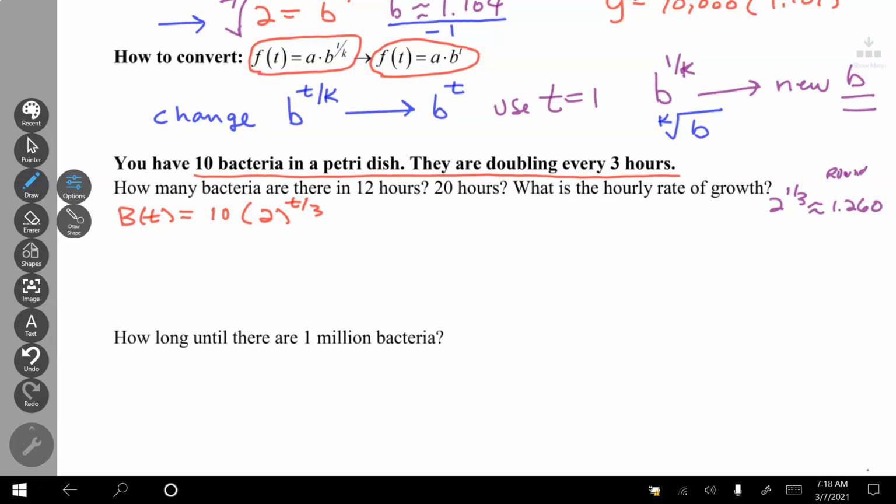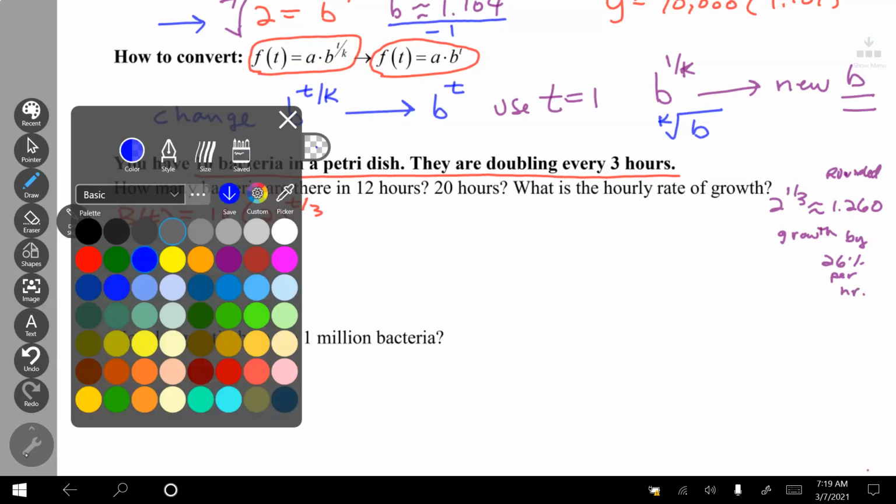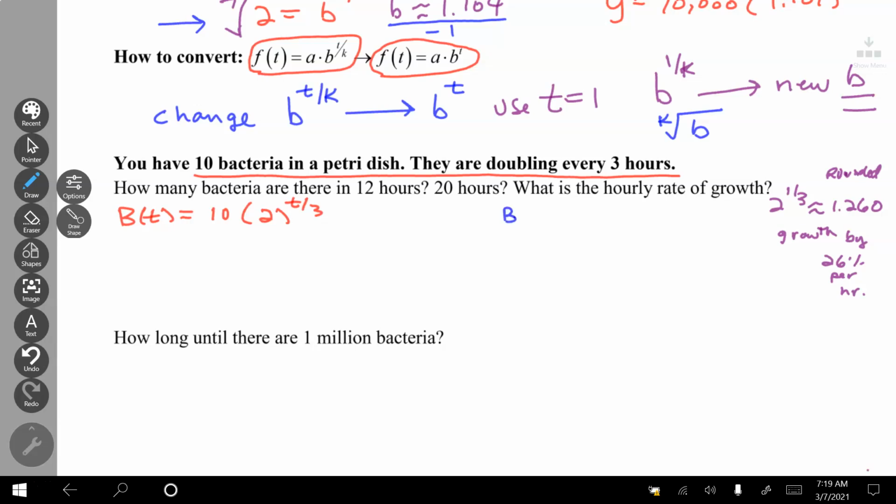That's not exact. So when I see this number, I see that it is growing by 26% per hour. But then I can rewrite this problem as b of t equals 10 times 1.260 raised to the t.